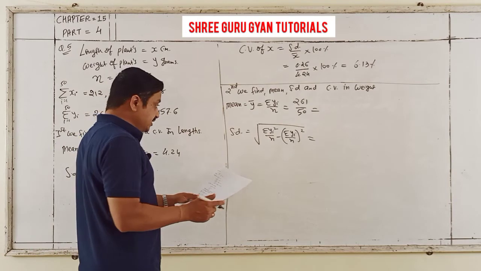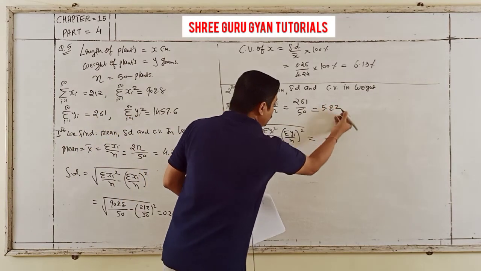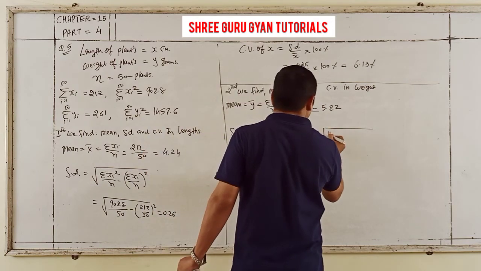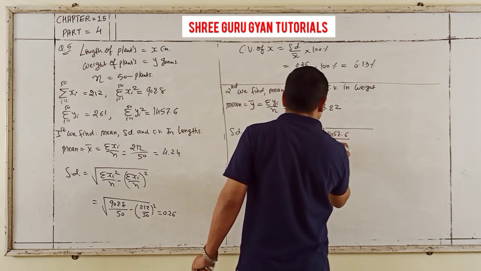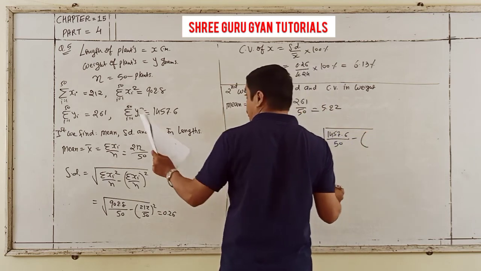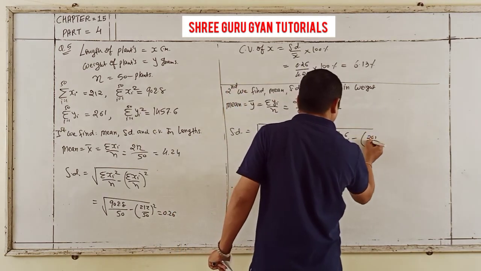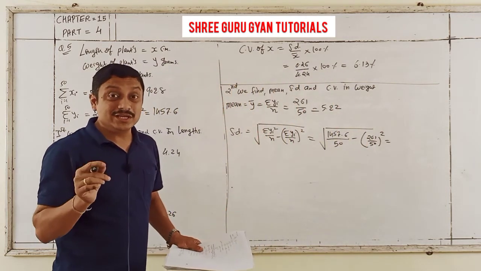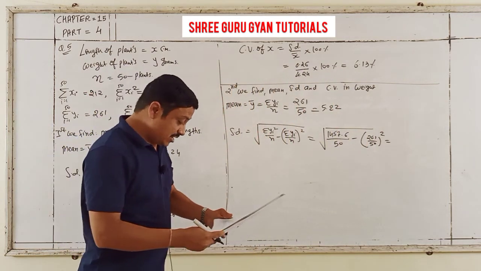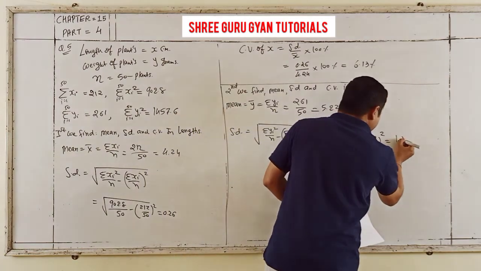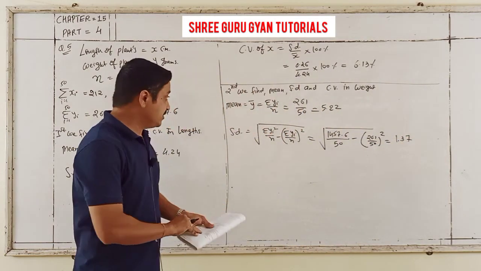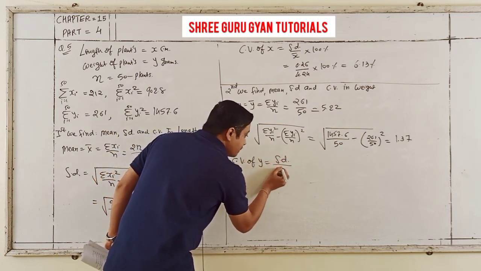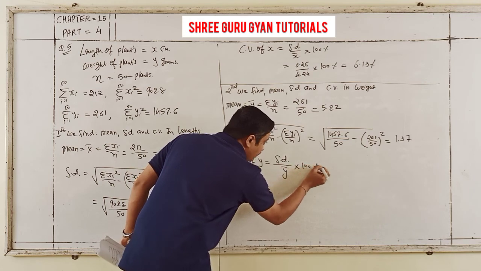Its value, students, is 5.22. Here putting in your values, sigma yi square is known, 1457.6 by 50, and the mean is sigma yi, 261 by 50, the whole squared. After calculating using the root, we find the last value, which is 1.37. Last, the CV: CV of y is SD by y bar into 100%.